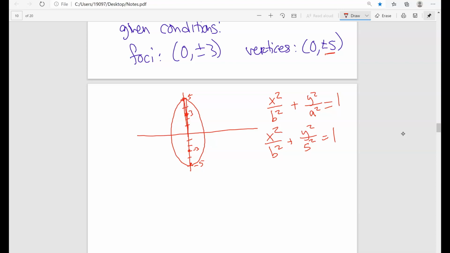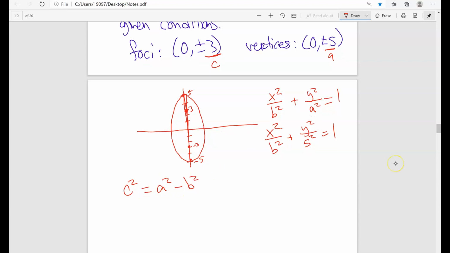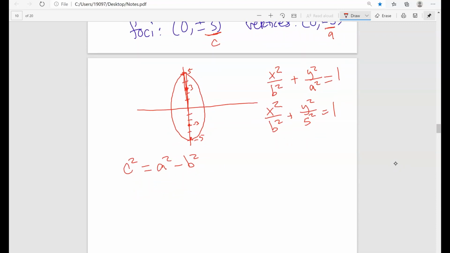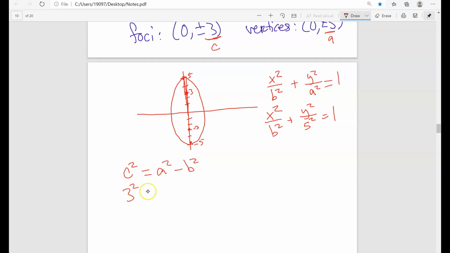All we've got to do is think about what relates a, b, and c, which is the foci, because this is c, this is a. Well, we know that c squared equals a squared minus b squared. So let's solve for b that way. I know that c is going to be 3, so that's 3 squared. A squared in this case is 5 squared, and then b squared.